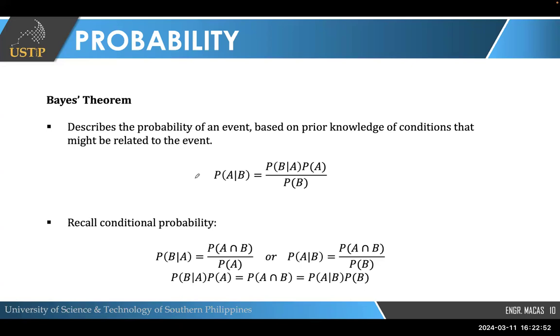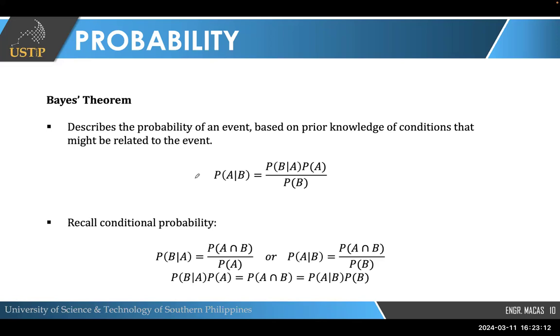And iyang concept or iyang foundation gikan sa iyang formula is sa imong conditional probability. Pero medyo lisod siya, medyo labad siya sa ulo tan-awon at first. Pero kung i-tabulate na, which is naa koy example ani, mas dali ninyo understand. Pero let's have the definition lang sa no.